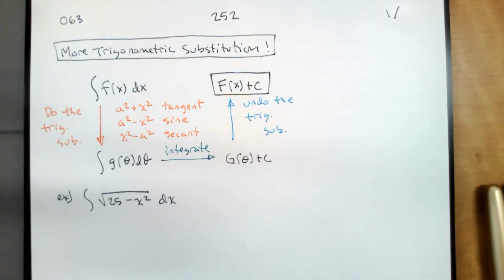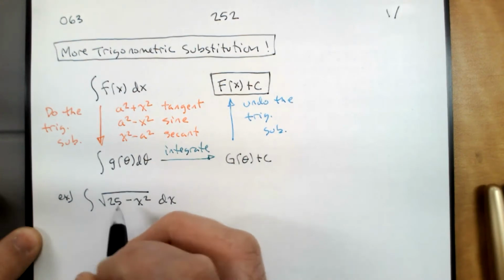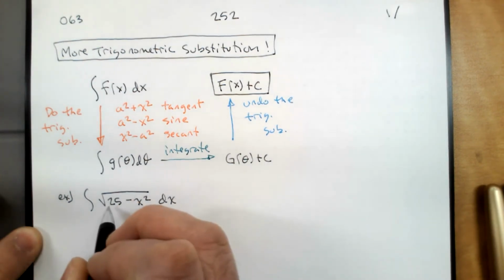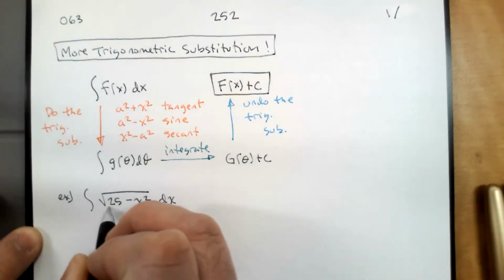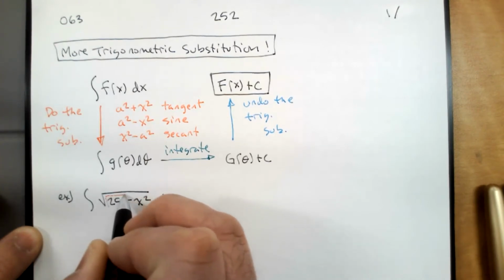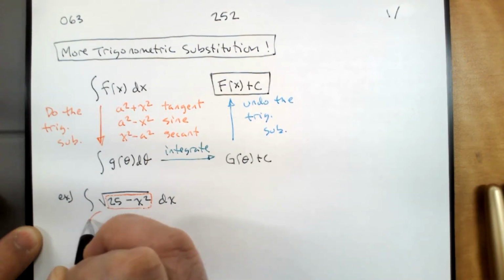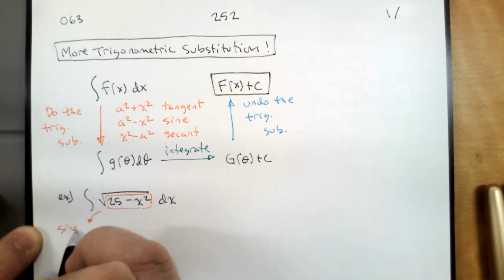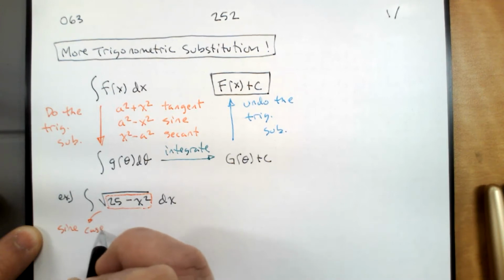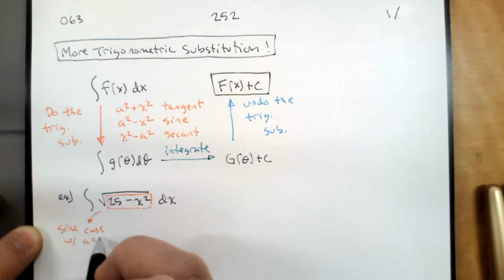That messes everything up. I can't just distribute the exponent over the terms, because that's not how numbers work. We identify this as a sine case with a equals 5. So 25 minus x squared, not the square root part, just the 25 minus x squared part, says this is a sine case with a equal 5.